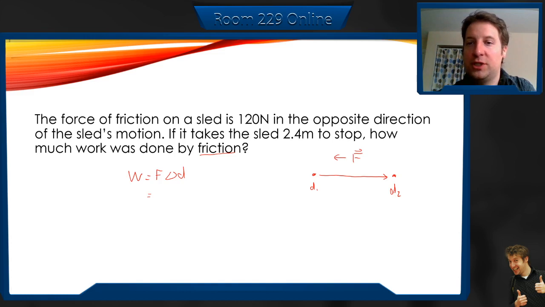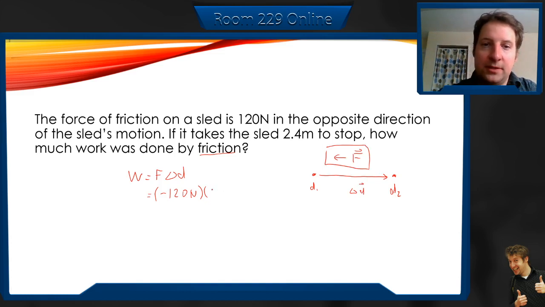The force is pushing against the displacement. So in this case, we're going to have to say that the force is negative 120 newtons because it's opposing the displacement. My displacement is this vector here from D1 to D2, but the force is in the opposite direction. That's going to be 2.4 meters.